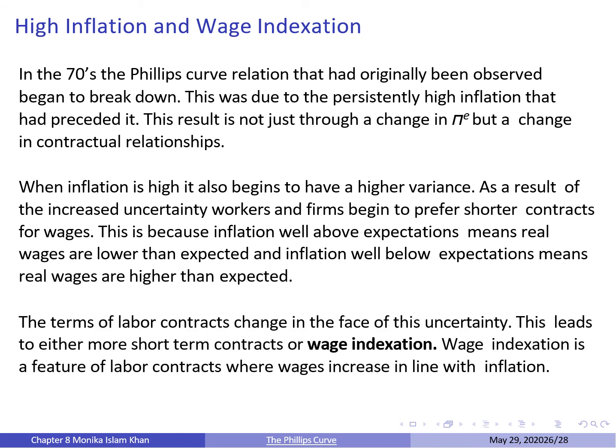For this reason, the terms of wage agreements change with the level of inflation. Nominal wages are set for shorter periods of time, down from 1 year to a month or even less, or they can go for wage indexation. Wage indexation is a provision that automatically increases wages in line with inflation.